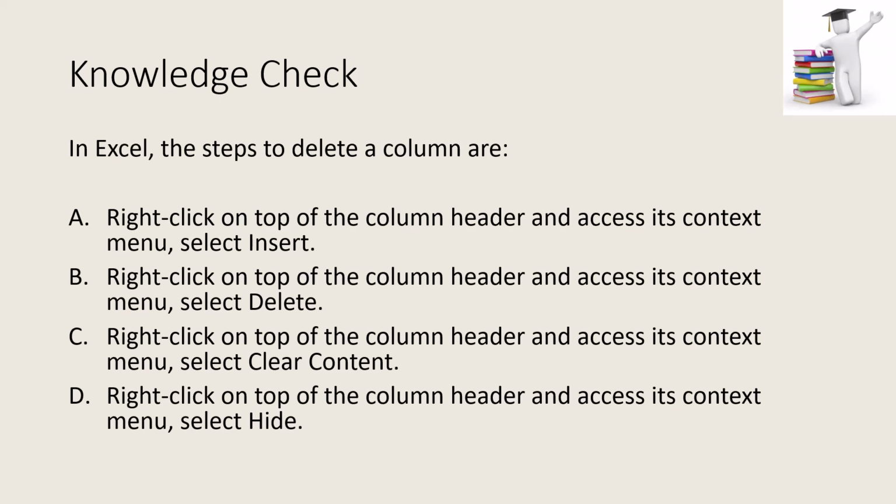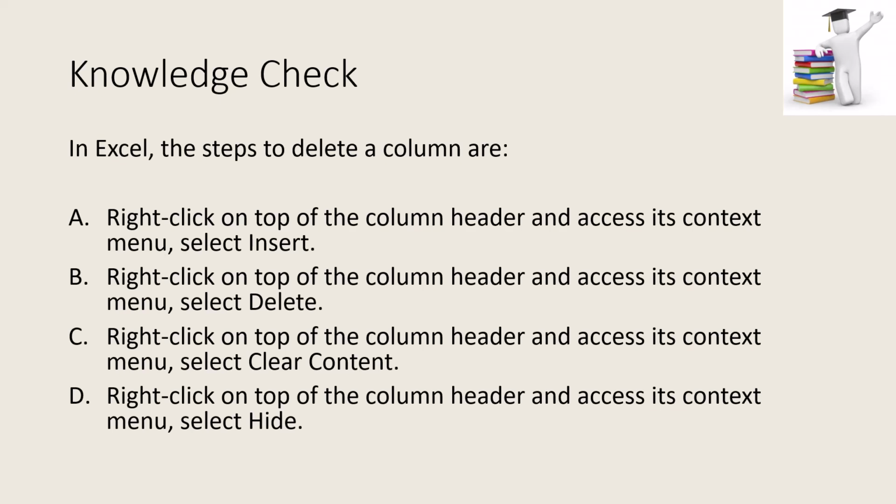In Excel, the steps to delete a column are as follows. Select the right one. A. Right-click on top of the column header and access its context menu. Select Insert. B. Right-click on top of the column header and access its context menu. Select Delete. C. Right-click on top of the column header and access its context menu.